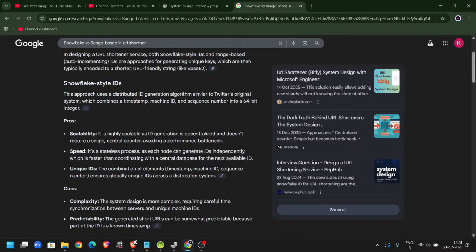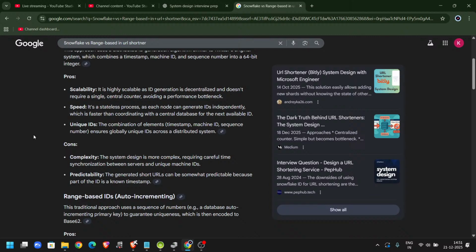And then we have some cons. The complexity. The system design is more complex, requiring careful time synchronization between servers and unique machine IDs. So the machine IDs should always be unique. The predictability. The generated short URLs can be somewhat predictable because part of the ID is a known timestamp.